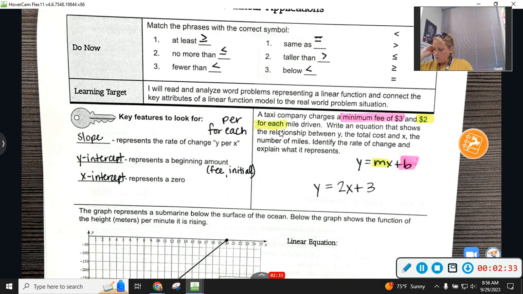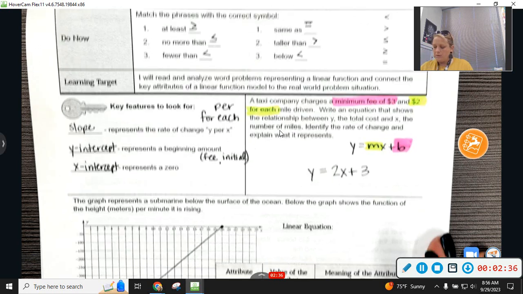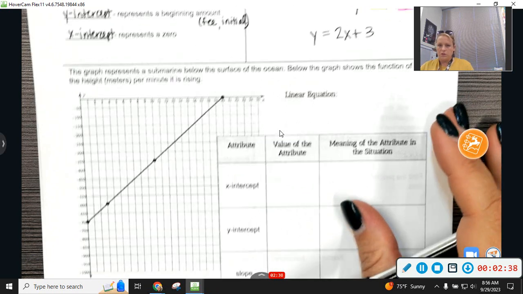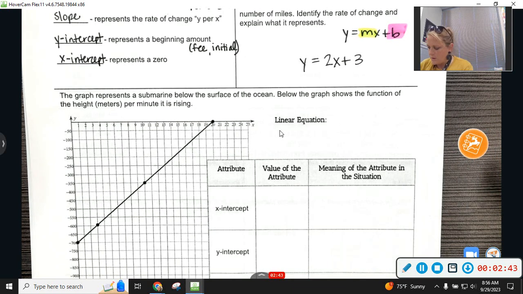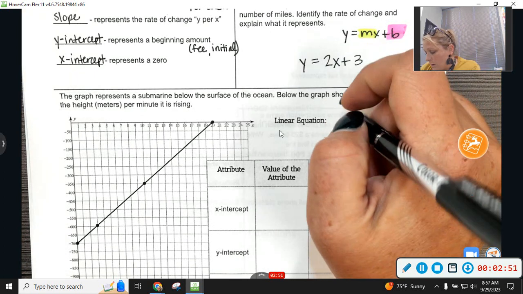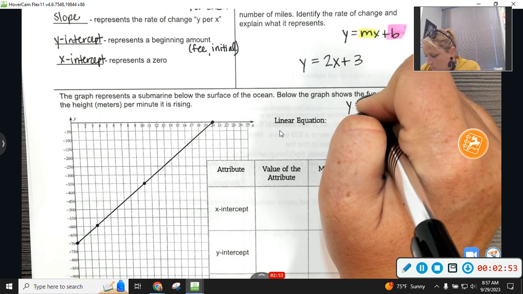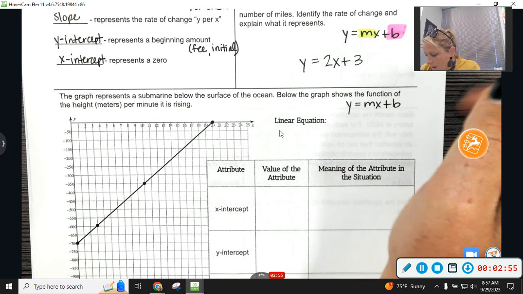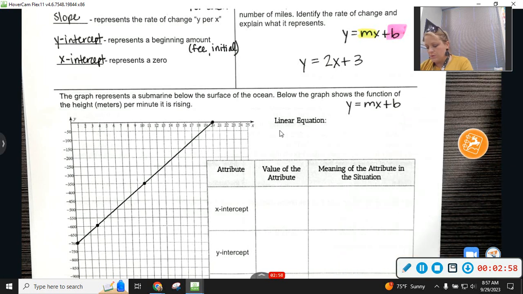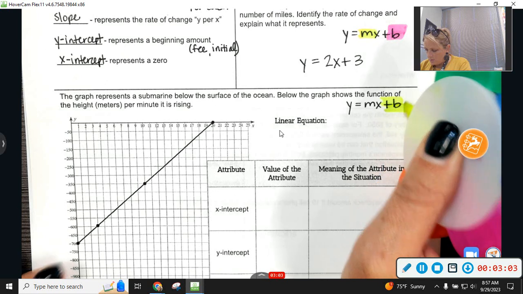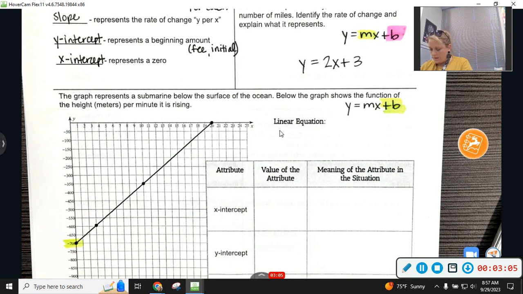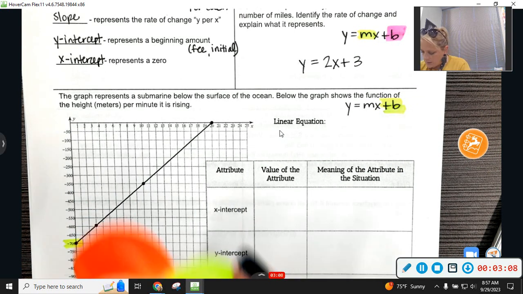Sometimes we have to interpret a little bit more. So here we have a submarine that's below the water surface of the ocean. Below the graph shows the function of the height in meters per minute it is rising. Okay, so we need to be able to write the linear equation from this. So again, our goal is to get y equals mx plus b if we can. So my b is my y-intercept. And my m is going to be my slope.